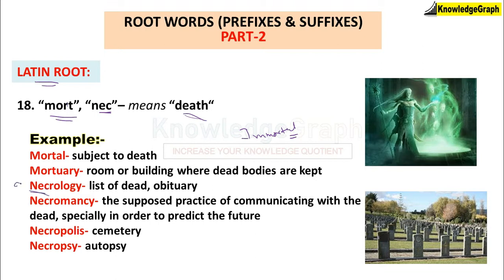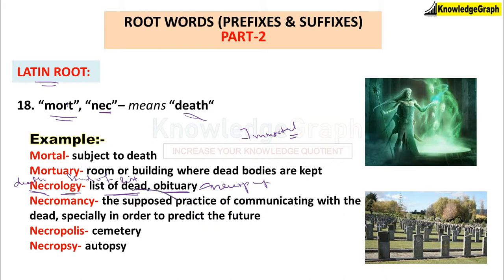Necrology, necro is related to death, and as I told you, logy is like study of something or a list of something. So it's a list of the dead, or obituary. You see these obituary things in the newspaper. So necrology is the list of the dead people. Necromancy is the supposed practice of communicating with the dead, especially in order to predict the future.